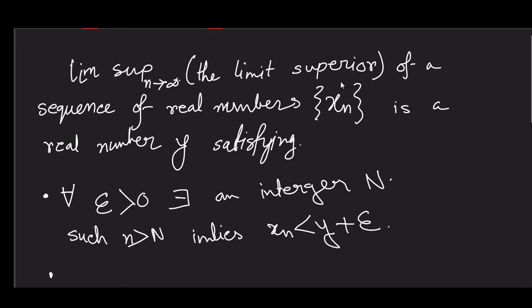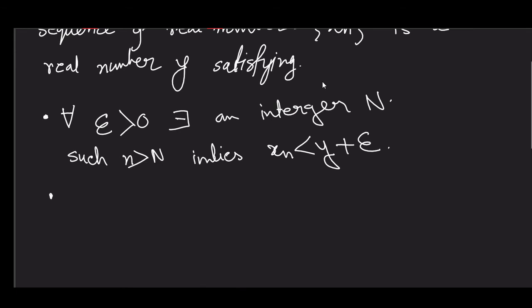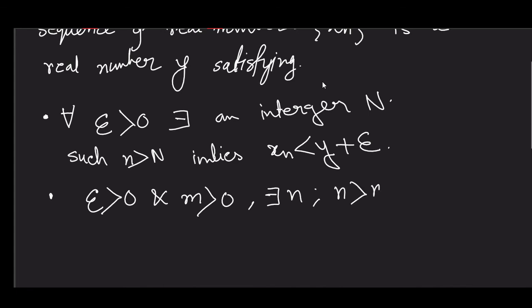And the second point is very similar to the first one but quite different: given epsilon greater than 0 and m an integer greater than 0, there exists an integer n, where n is greater than m, such that xn is greater than y minus epsilon.